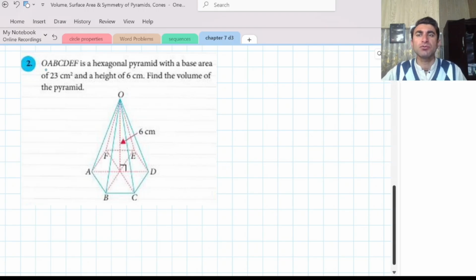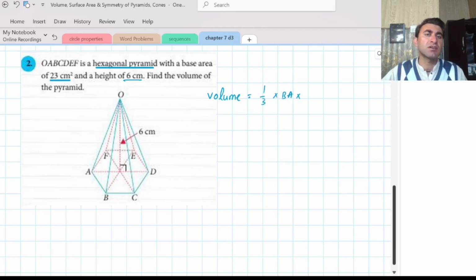Now in question 2, OABCDEF is a hexagonal pyramid with a base area of 23 centimeter square and a height of 6 centimeter. Find the volume. Again the formula for volume is the same: one third the base area times height.